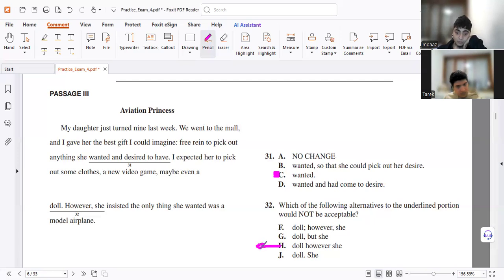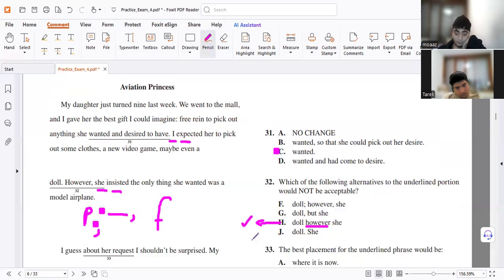Letter H. Why? Because the transition words are at the beginning of the following sentence. We have the preface sentence and the following sentence. For transition words in the middle, we need a comma after, and a full stop or semicolon before. Here we don't have any. It must be like that. So this one, right.